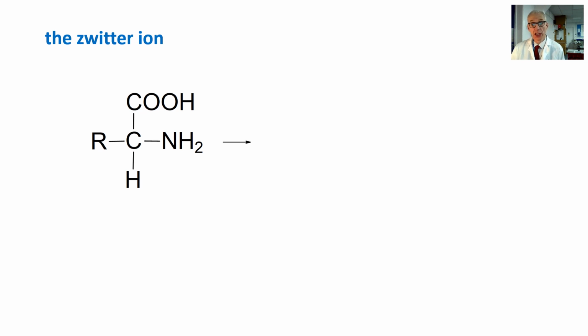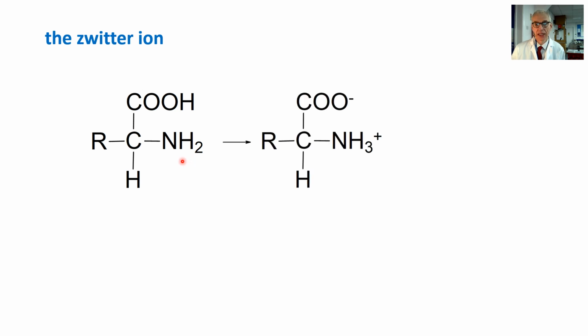One interesting consequence of the acid-base properties of the amino acids is an internal transfer of protons to form what's called the Zwitter ion. So the Zwitter ion is produced by the carboxyl group deprotonating and the amine group protonating internally.